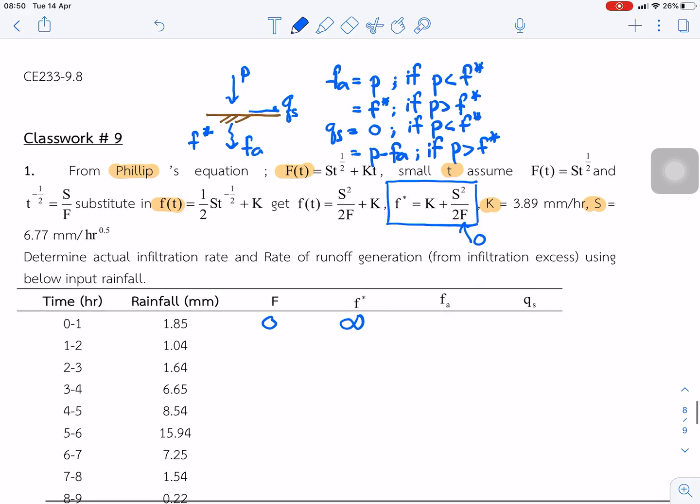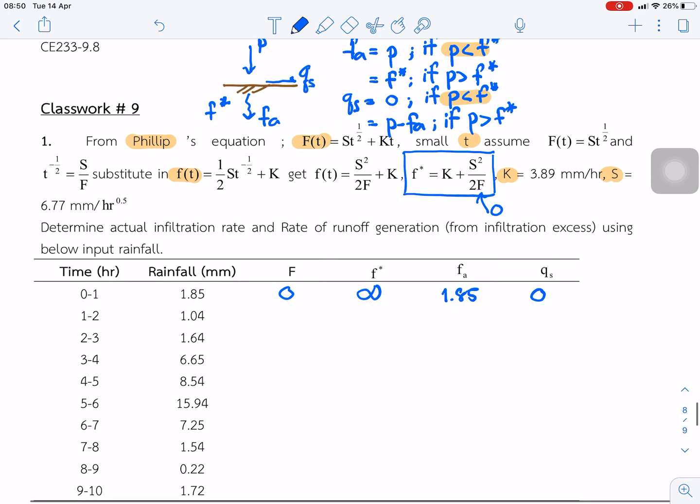So the rainfall is less than F star, and FA is equal to the rainfall, so FA is equal to 1.85. This means there is no runoff, so QS is 0.